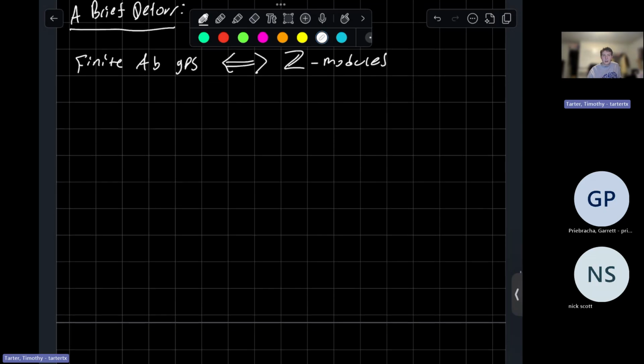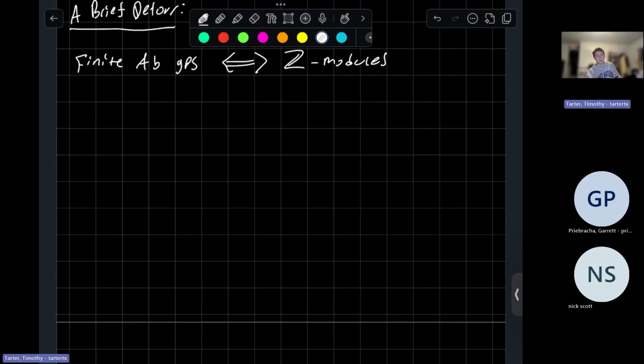They mean that as a Z module generated by this linear transformation, it's a Cartesian product of Z mod the thing on the diagonal.